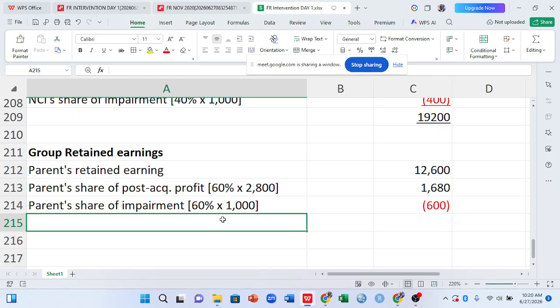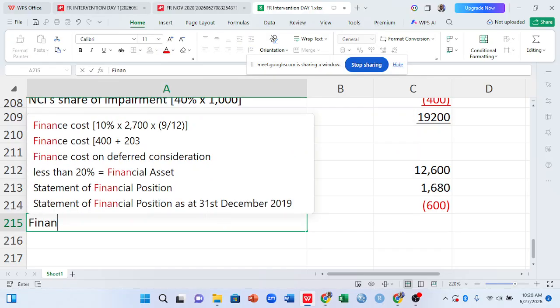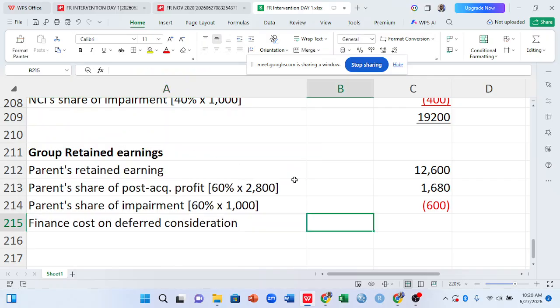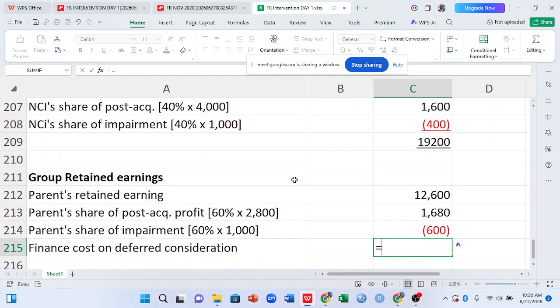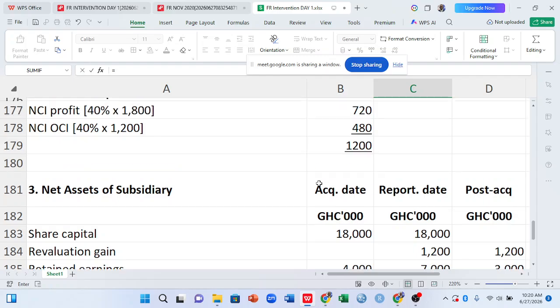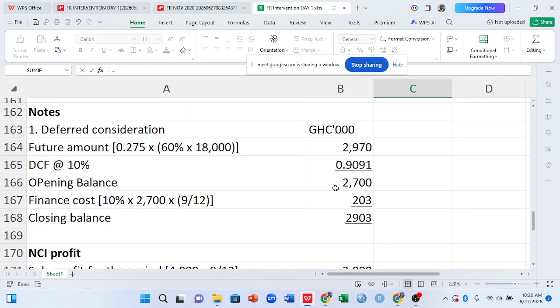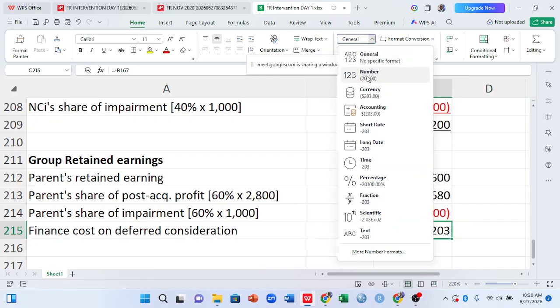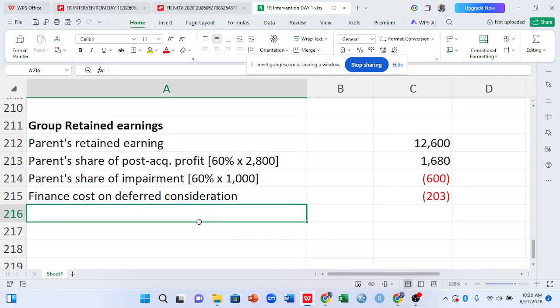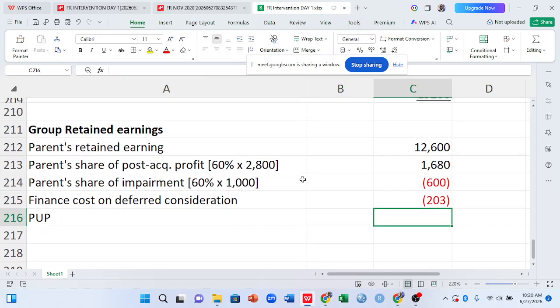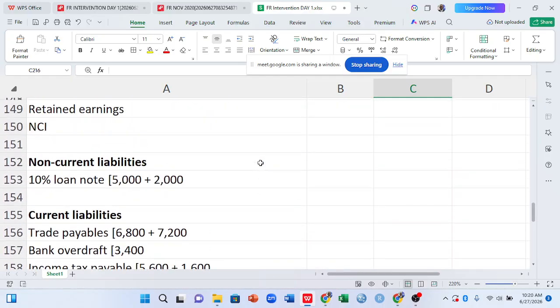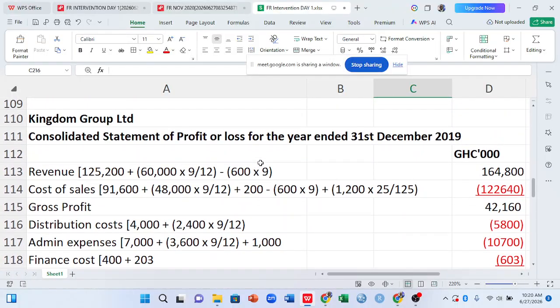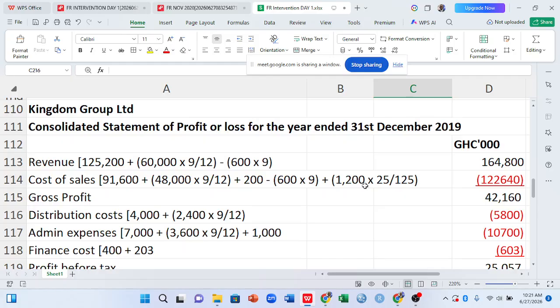Then the next one is finance costs on the deferred consideration. So remember we had a finance cost over there. We were going to bring it. So this was the finance cost figure, 203. Record that as an expense, so show it as negative. Then we had provision for unrealized profit. We already calculated for this, so let me just go and see. That was what we sent to the top here. So someone just calculate for us.